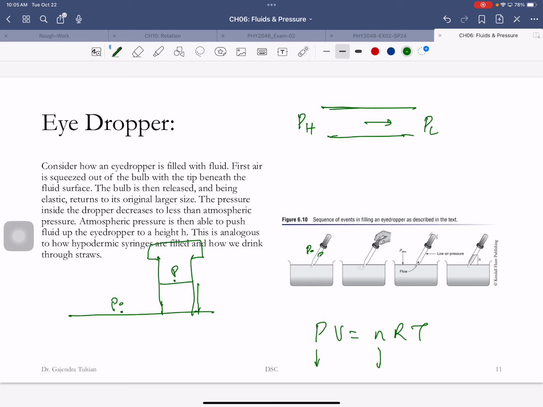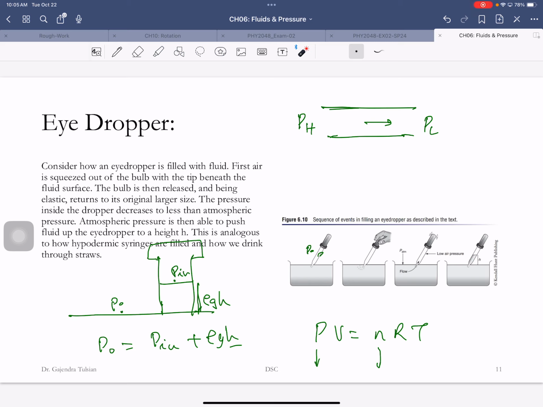So the pressure outside, P naught, is equal to the pressure inside the eyedropper plus rho g h. h is the height to which this fluid came in. The pressure at this point has to equal the pressure at that point.